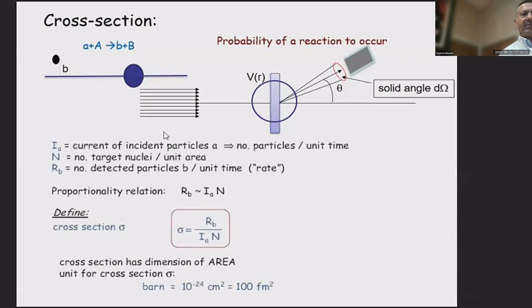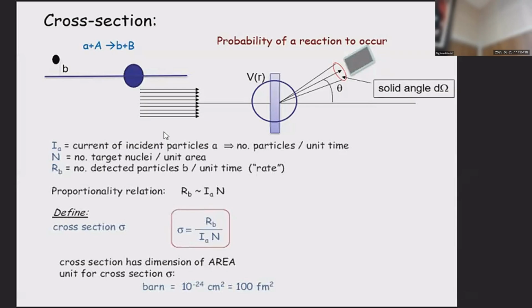What we have here is the number of scattered particles into the solid angle, N is the number of target nuclei, and I is the number of incident particles A.